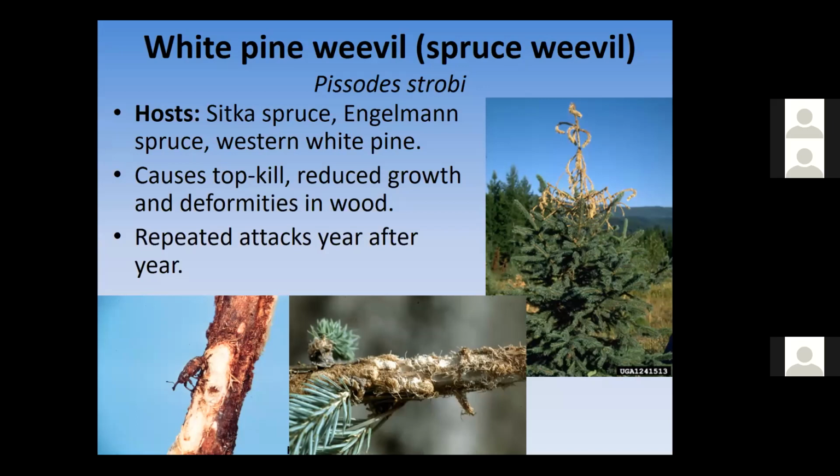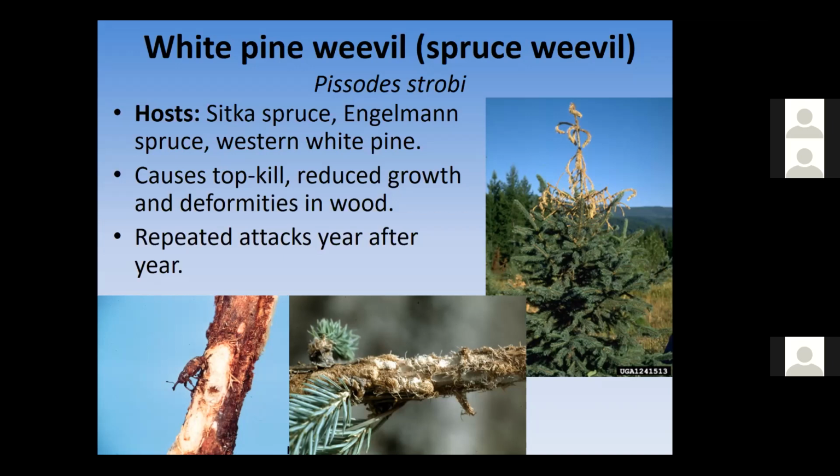Okay, and so also Sitka spruce, we have the white pine weevil, which is kind of a goofy name for an insect that affects spruce. But it's the same species that affects white pine. And so that's the name that sticks now. What it does, it's another weevil, kind of like that Douglas fir twig weevil I talked about.